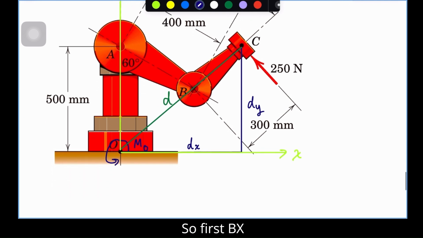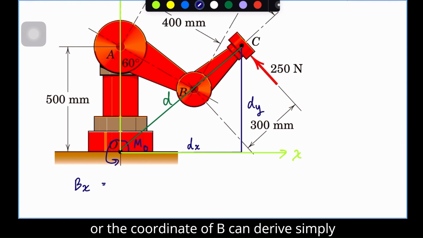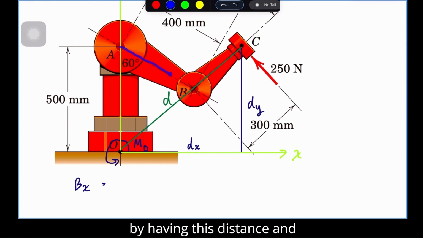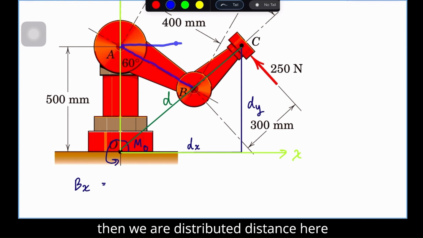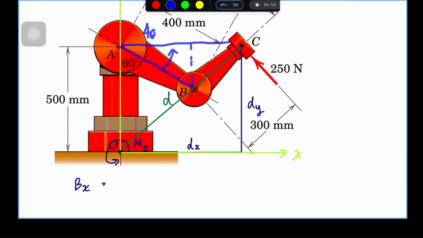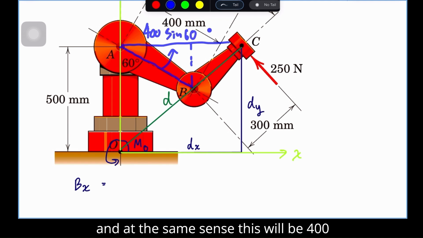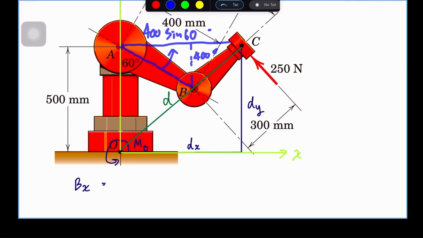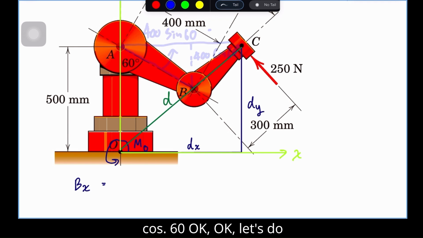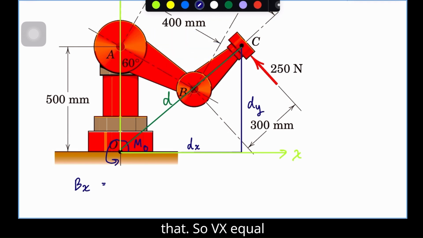Now let's start from that one. The coordinate of B can be derived simply by having this distance and then resolving it. It will be 400 times sine 60, and in the same sense, this will be 400 cos 60. So bx equals 400 times sine 60.